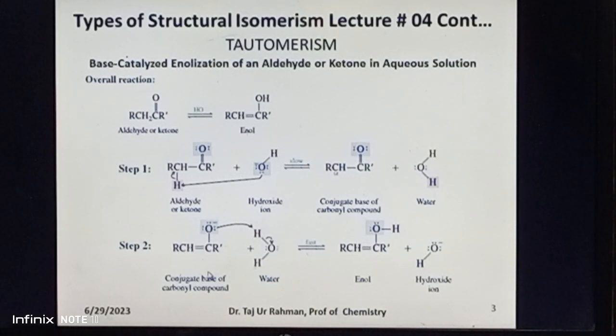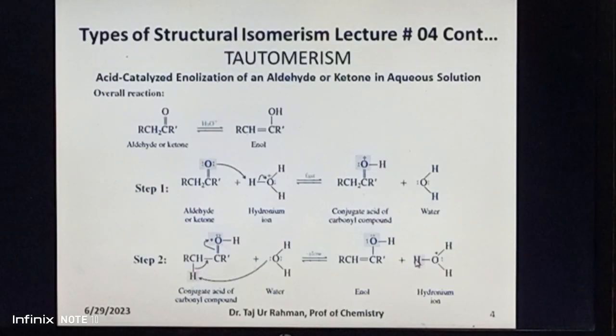In the second step, the water molecule acts as a Bronsted acid and transfers this proton to this negatively charged oxygen of the enolate ion and gives this enol, and the hydroxyl ion is regenerated.